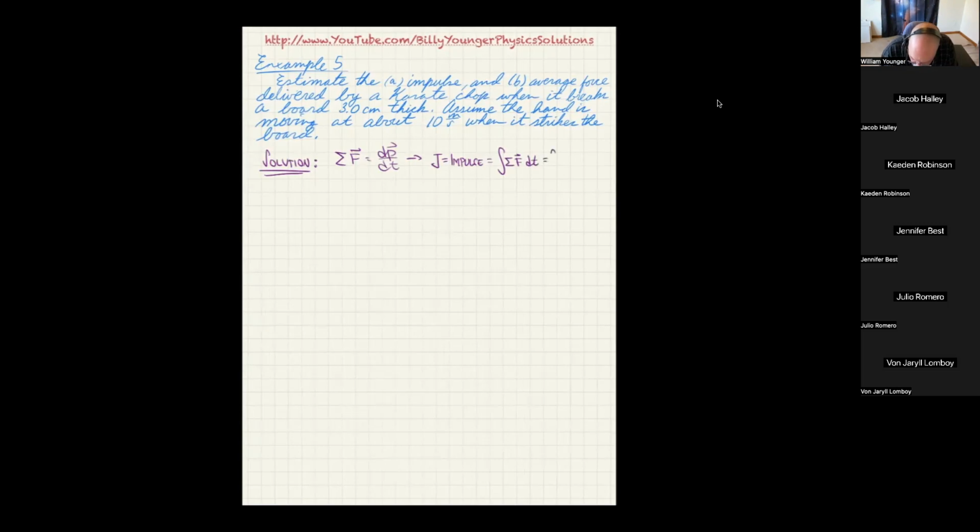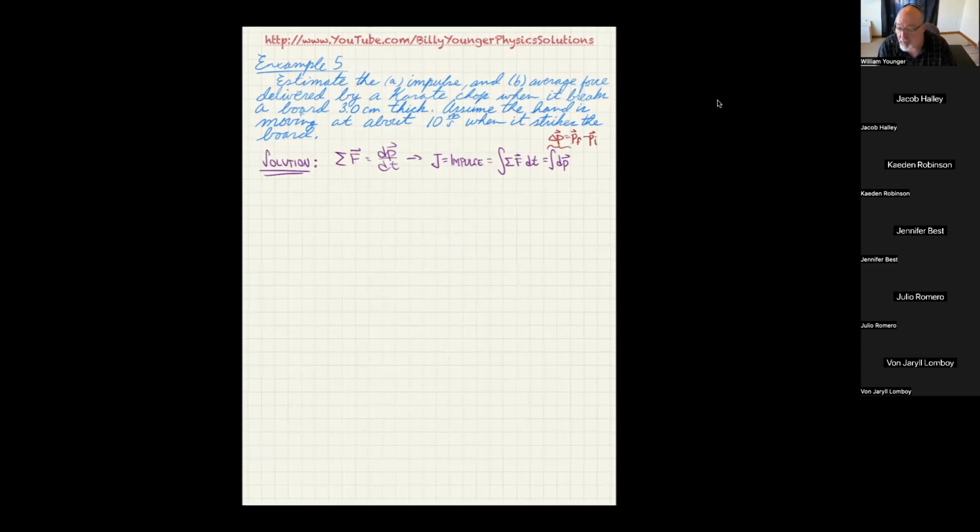And that's equal to the integral of dp, like this. All of that is right. All of that is, in fact, the impulse. Now, when you integrate this side, you just get delta p, which equals p final minus p initial.